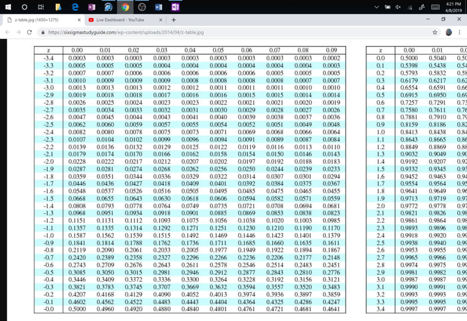So, z-score of 2.36. Well, you are not going to find a positive z-score on the negative chart. So common sense says, look at the positive side of z-scores.